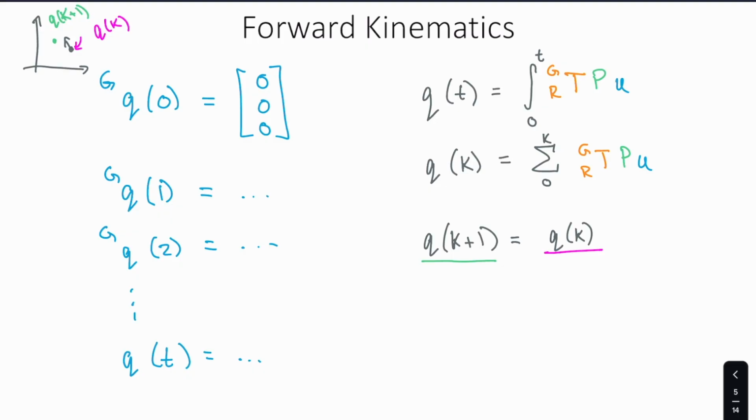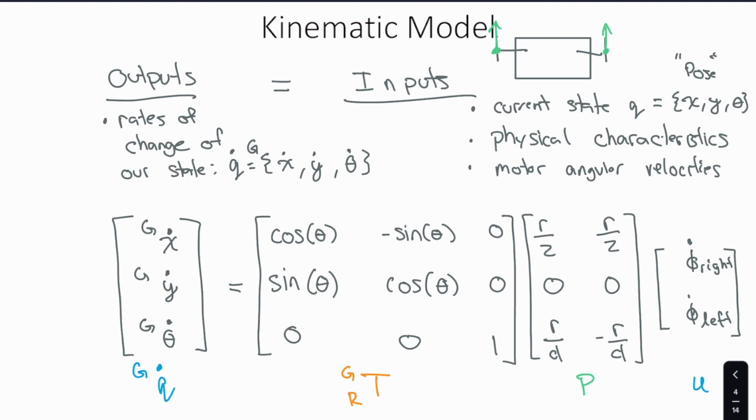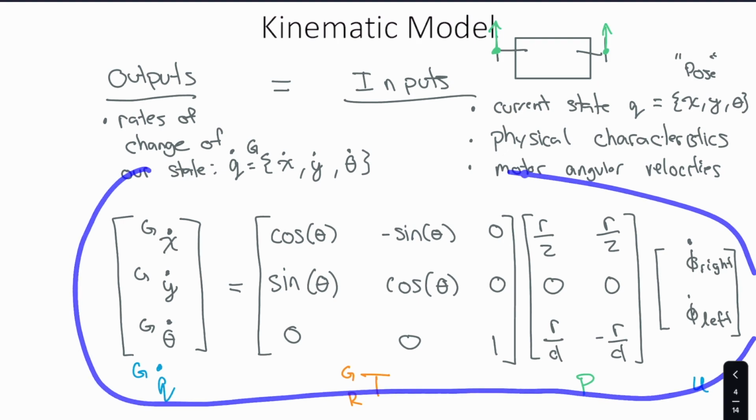How do we compute that we've moved from this location up to this location at Q at k plus 1? Well, that depends on our current angular velocity and our linear velocity, which is precisely given by Q dot. Which is exactly this equation here from the previous slide.